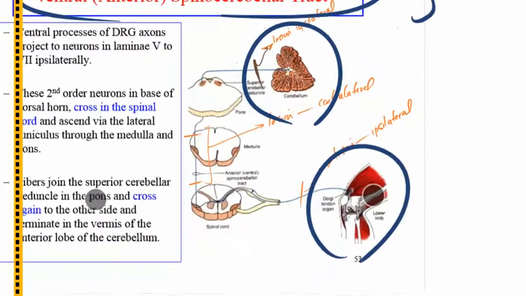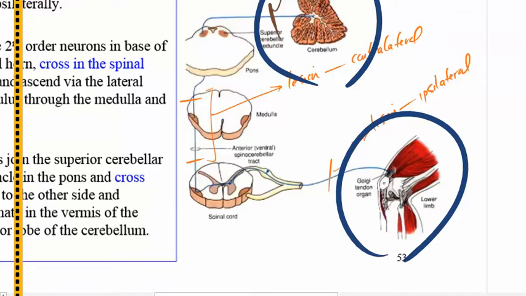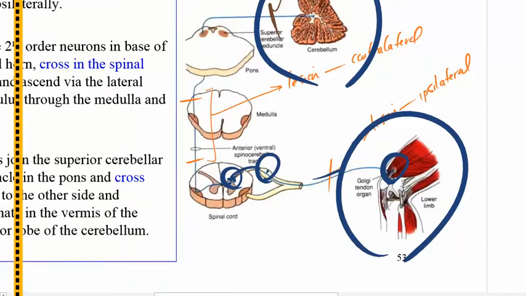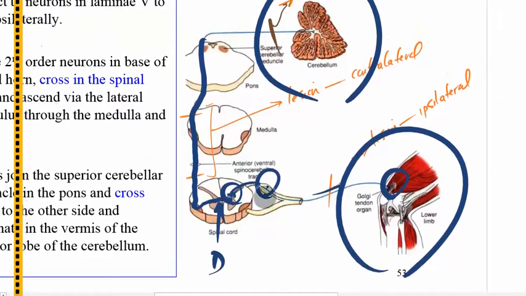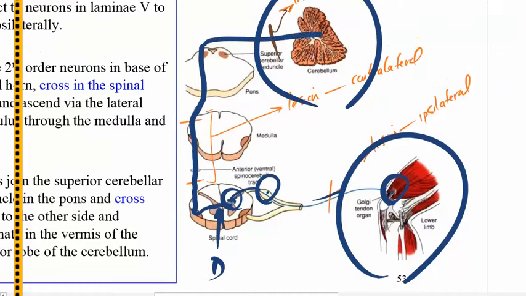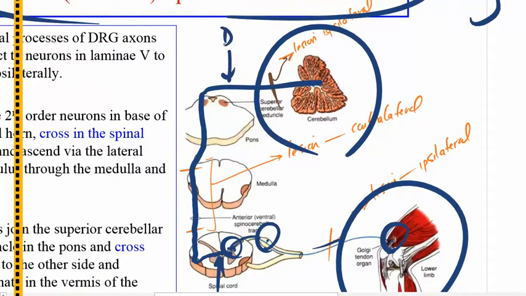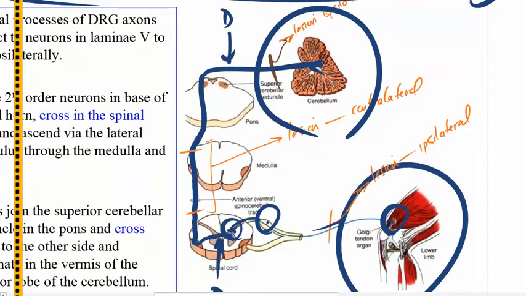But when you look at the ventral, here we have the Golgi tendon as the receptor. The primary neuron is the dorsal root ganglion. Then we're going to have the synapse here at the dorsal horn. The axon is going to move across, and then travel up like so. This is the first decussation here. Then it's going to move back, so the second decussation will occur here, and then the synapse is onto your cerebellum.